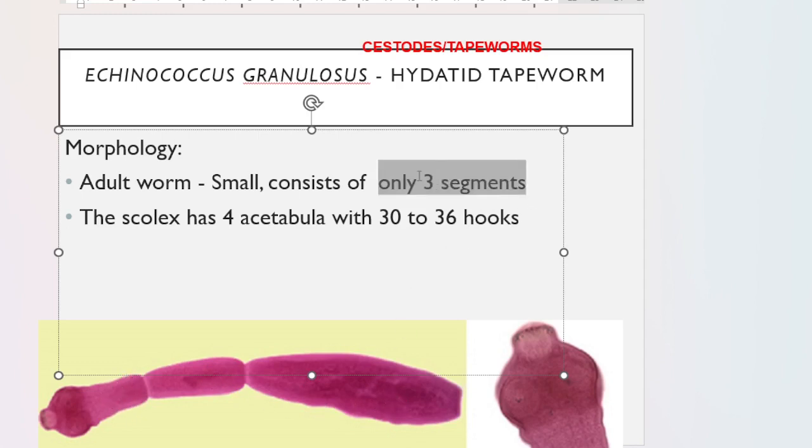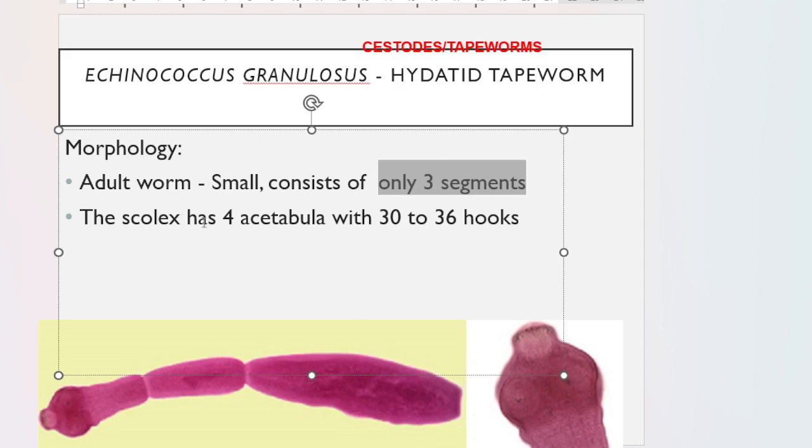So tatlo lang. Okay, so maliit lang siya. Mas shorter as compared to Taenia species, di ba ang hahaba? It can have up to 1,000 segments. But for Echinococcus, it has only 3 segments.